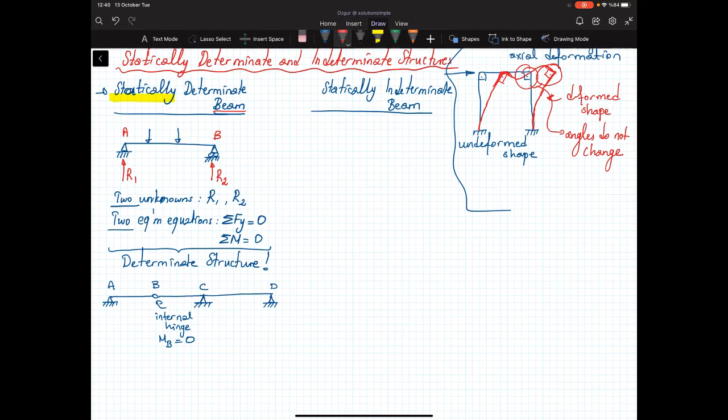So again, let's take a look at the unknowns. The unknown for me at point A will be R1. Since I define this as a beam, I know that the horizontal component of the reaction force is equal to 0. There's no loading on it. R2 and R3.